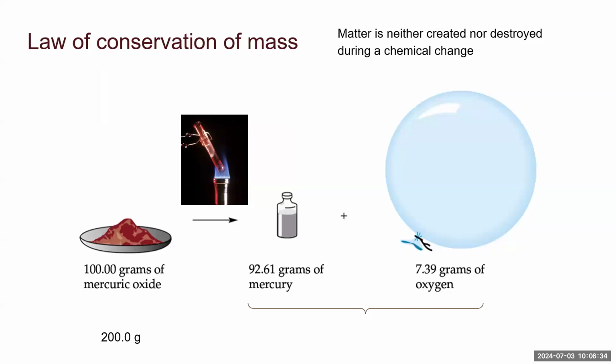Now that relates to the law of conservation of mass. Here is another display of that. The overall phrasing or explanation for the law of conservation of mass is: matter is neither created nor destroyed during a chemical change.